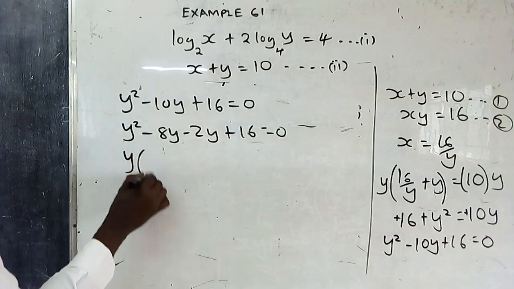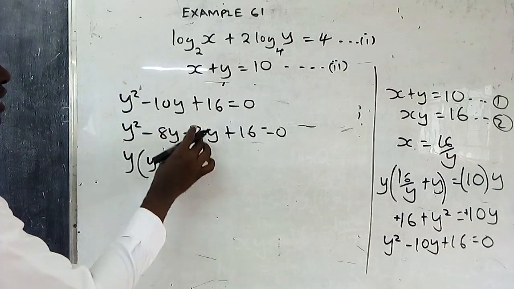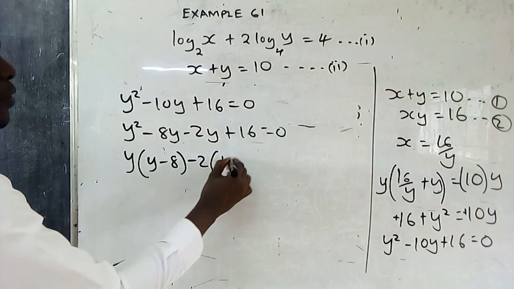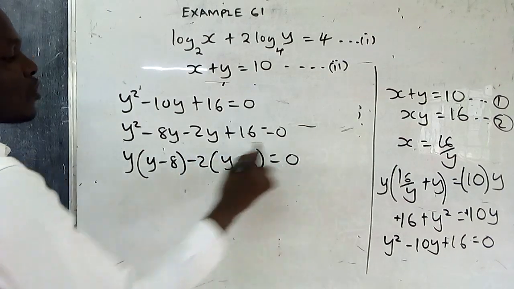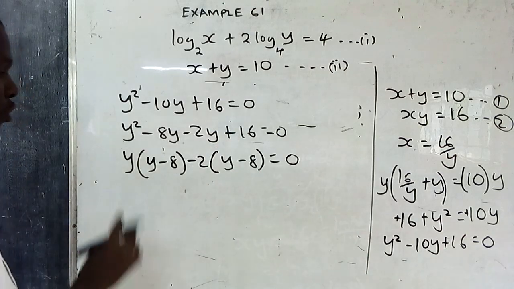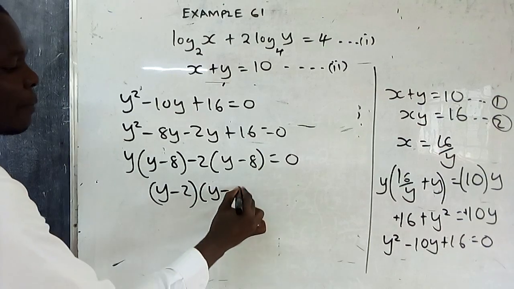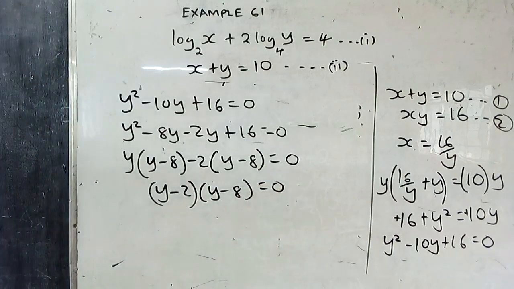Factorizing out y gives y into y minus 8, and negative 2 into y minus 8, and negative 2 into negative 8 gets back plus 16. So here is y minus 2 times y minus 8 is equal to 0.